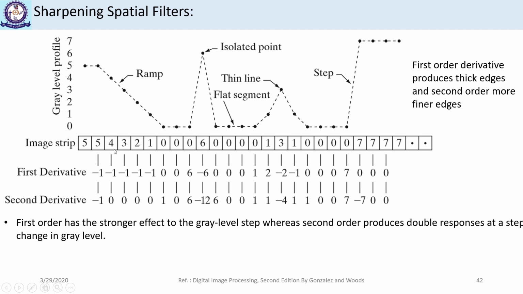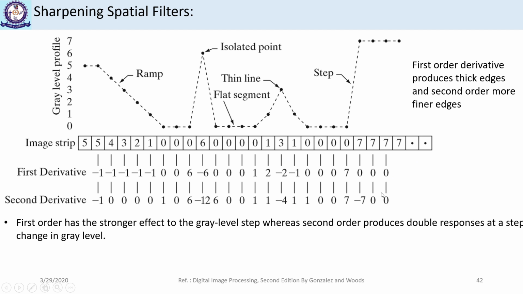Then next is 3 and the current is 4, so 3 minus 4 is minus 1 again. 2 minus 3 is again minus 1, 1 minus 2 is minus 1, 0 minus 1 is minus 1, then 0 minus 0 is 0, 0 minus 0 is 0, 6 minus 0 is 6, then 0 minus 6 is minus 6, and so on. We can find out the first derivative.